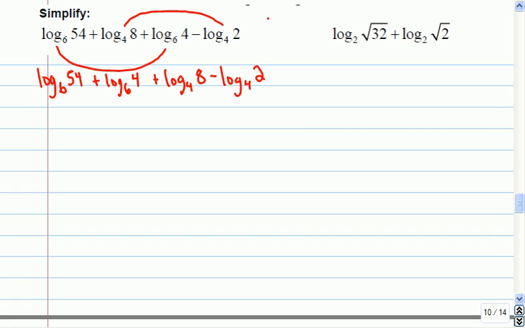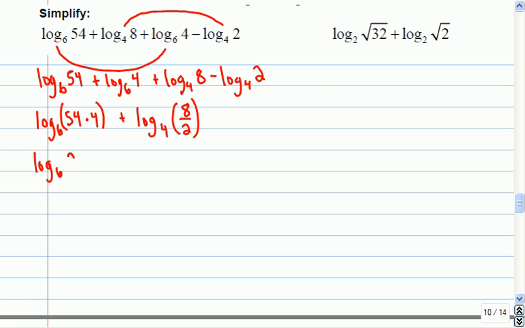So when I combine these, what I'm going to end up with is log base 6 of 54 times 4 using my multiplication rule, plus the log base 4 of 8 divided by 2 using my quotient rule.